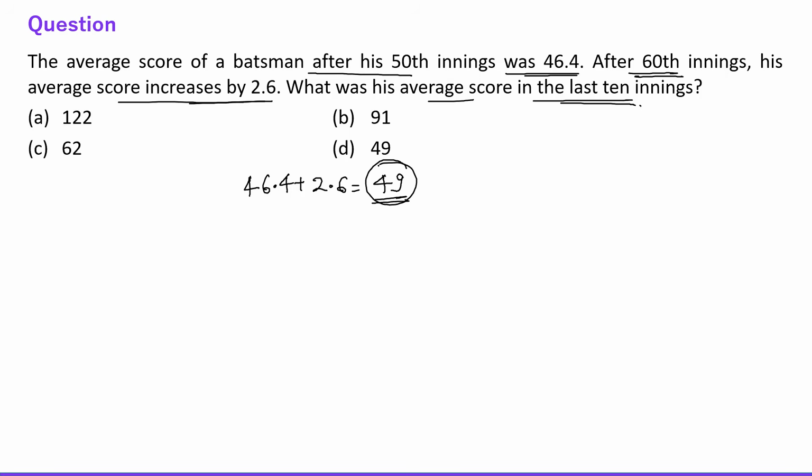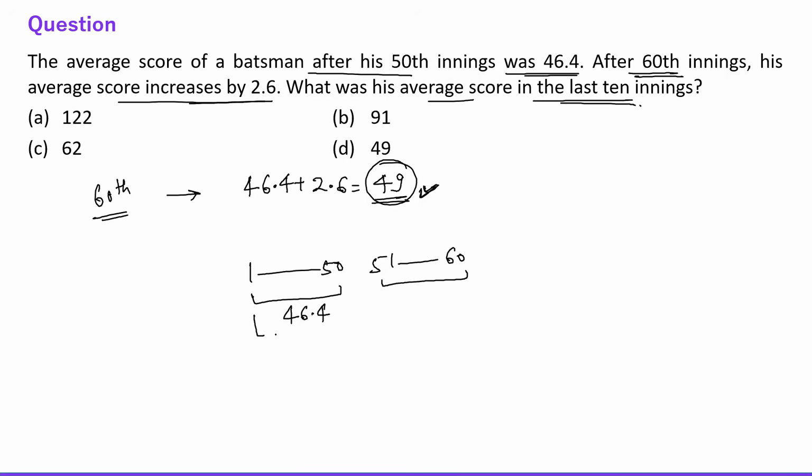Everyone, after 60th innings, his score becomes this. So from 1 to 50 innings, his average was 46.4, and from 51 to 60th, he scored some runs, but his total becomes 49 for all these 60 innings.